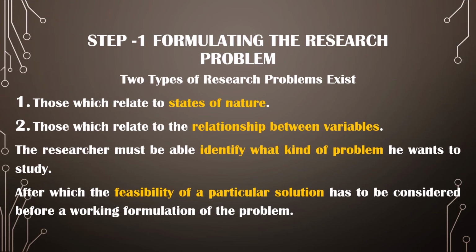Step 1. Formulating the research problem. There are two types of research problem that exist. One, those which relate to the states of nature. Another one is the relationship between the variables. So the researcher is in a position where he has to identify what kind of problem he wants to study, and also through the problem identification he would be able to develop a feasible solution for the particular problem that he has identified.